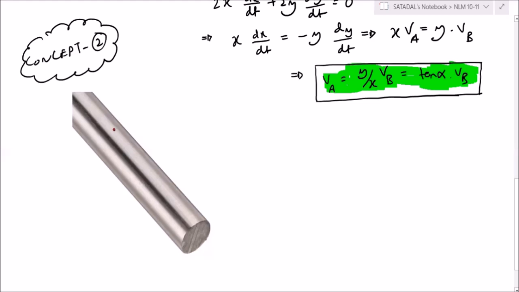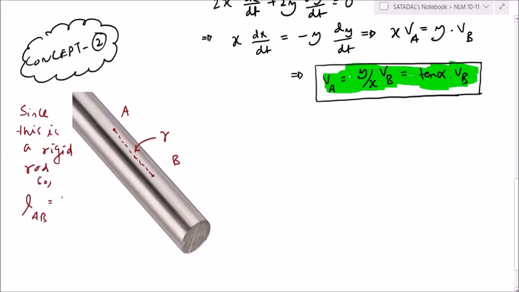This is point A, and this is point B. The separation between point A and B, I'm going to take as R. Since this is a rigid rod, the length between A and B is constant. So that means R is equal to constant.